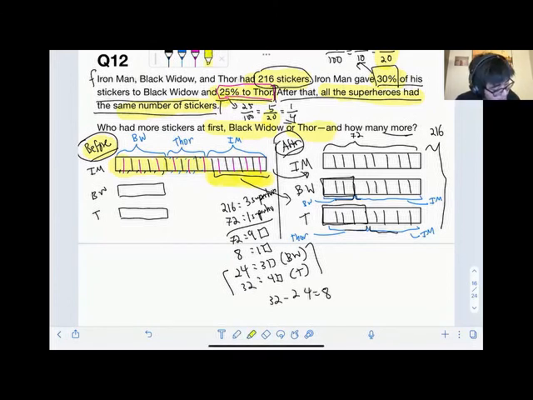We can also see in the model itself that Thor's excess over Black Widow is 1 box, and we know that 1 box is 8. So there are 2 ways of getting to the answer, and both are correct.